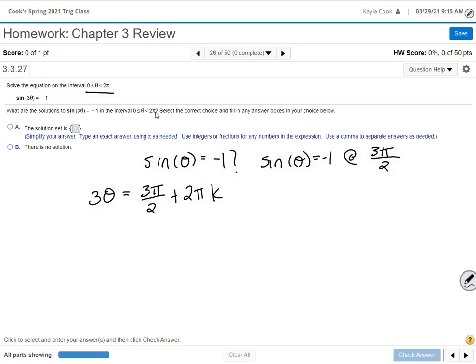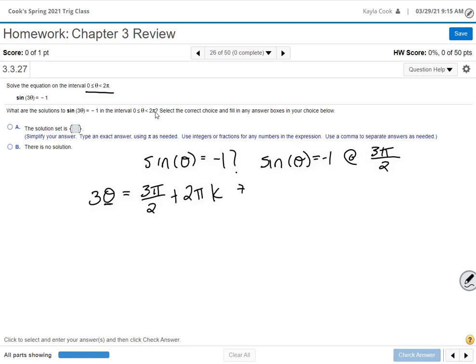Now we have another equation, and we're going to solve it for theta. So I'm going to get theta by itself. To do that, I'm going to divide all my terms by 3.